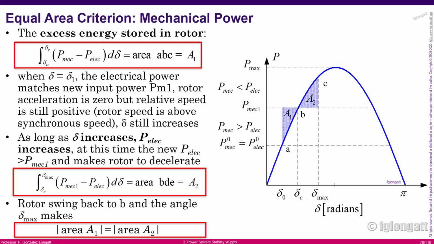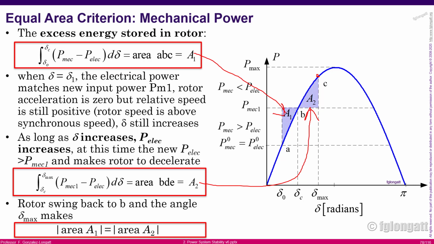They are clearly two areas over there. One is the accelerating area, A1, and one is the decelerating area, A2. And what I want you to understand is the following.